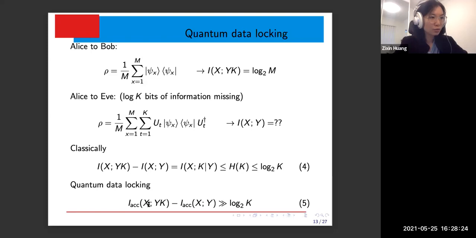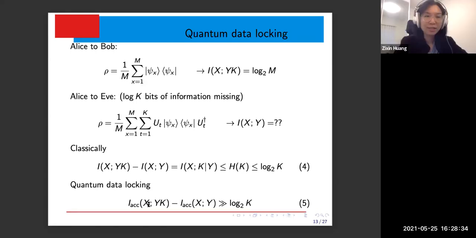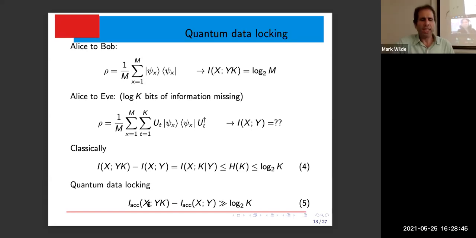So if you look at the quantum mutual information, the advantage disappears. And the difference between the quantum mutual information and the accessible information is the quantum data locking effect, if that makes sense.